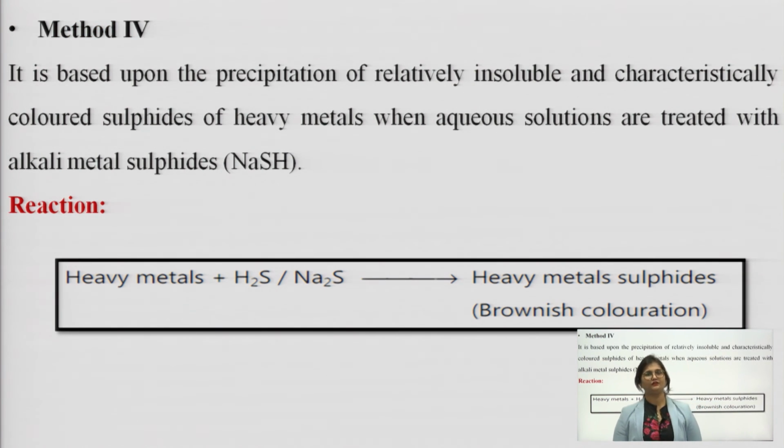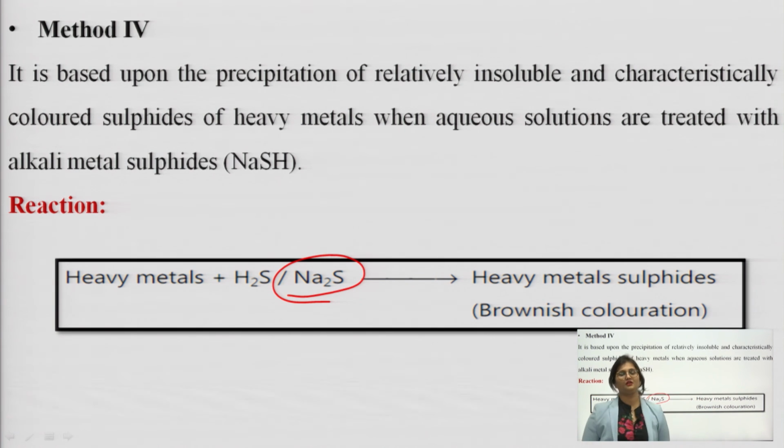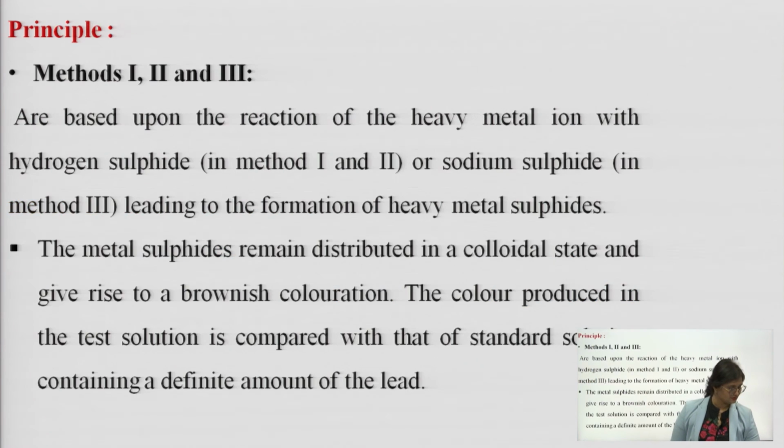What happens in method 4? Well, method 4 is based upon the precipitation of relatively insoluble and characteristically colored sulfides. Okay, so these are colored sulfides of heavy metals when aqueous solutions are treated with alkali metal sulfides. Here we use alkali metal sulfides as our reacting reagent, whereas in our previous tests we used hydrogen sulfide.